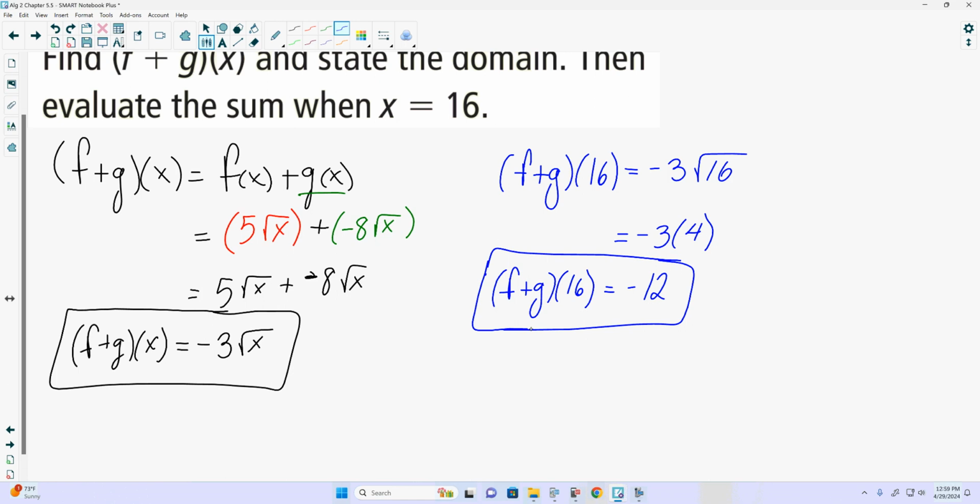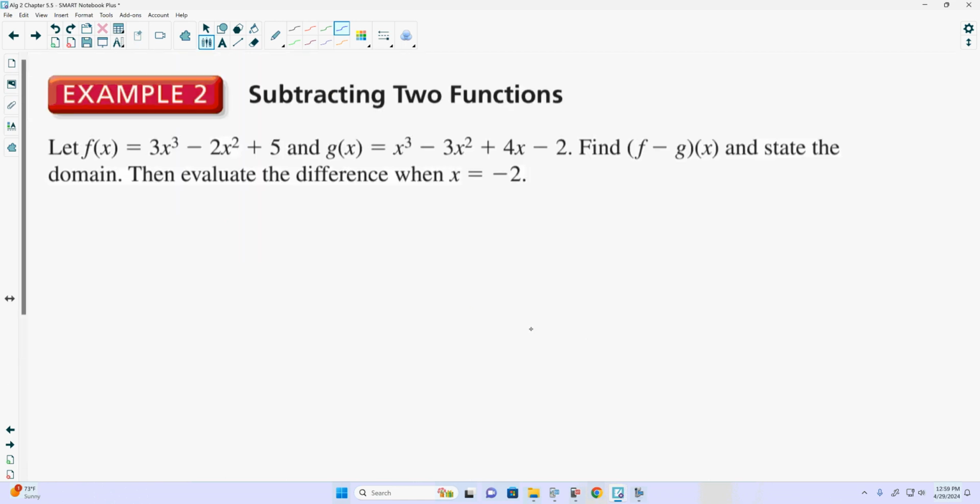Questions on this here? Do you feel comfortable with addition? It's kind of a nice way to start a week off, yes? Subtraction is next. So they gave us f of x and g of x, and they want us to find f minus g of x.